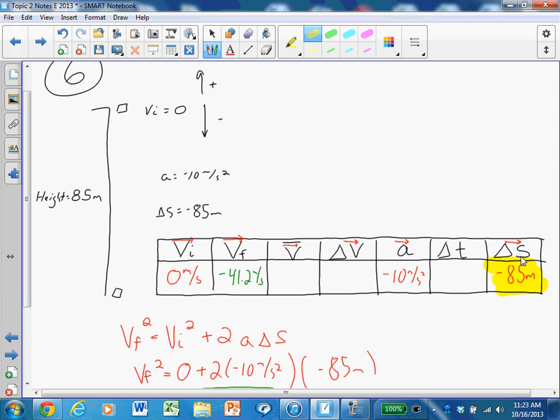Because it's going down. We started, since it was dropped, with a 0 meters per second initial velocity. And that acceleration downward is minus 10 meters per second for each second. Okay?